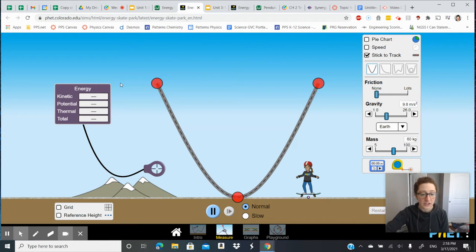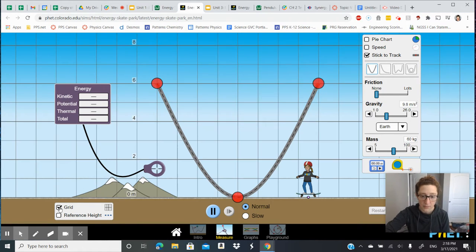All right, I like to put this grid up so that I can see the height really easily. This default ramp is set at 6 feet. I can put this person on the ramp, but I like also keeping it at slow. It'll really help me to be able to find some things.